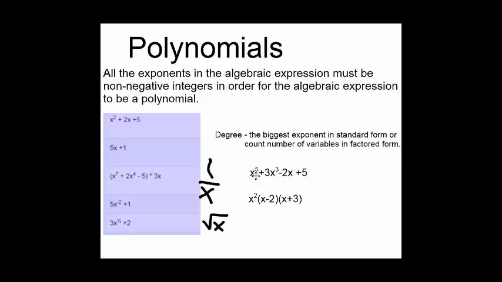This one has a degree of 5 because that is the biggest exponent on the variable, and we are in standard form. For this one in factored form, all we do is count up the number of x's. We got a square on this one, so we go 1, 2, 3, 4. So this one has a degree of 4. Notice that's an odd degree and this is an even degree. That's what we're going to move on to next.